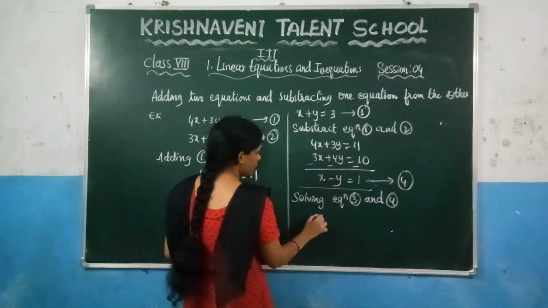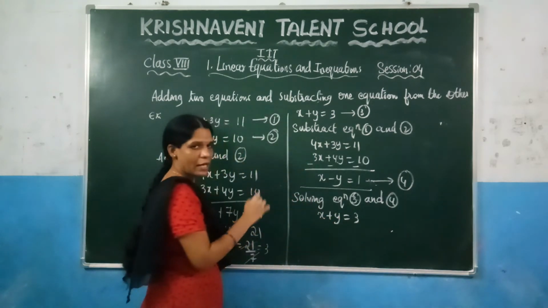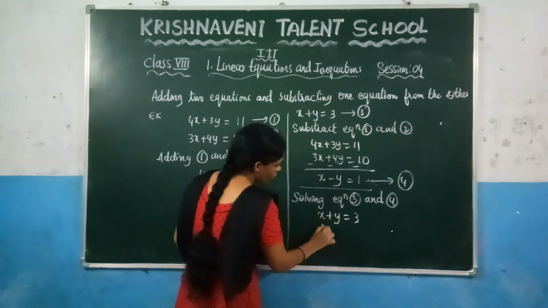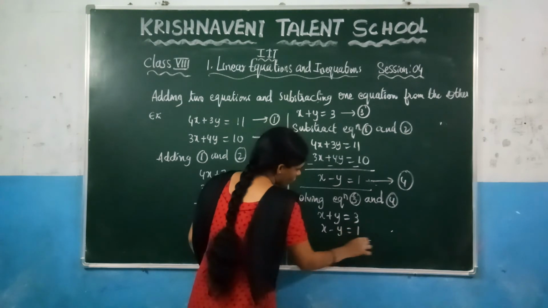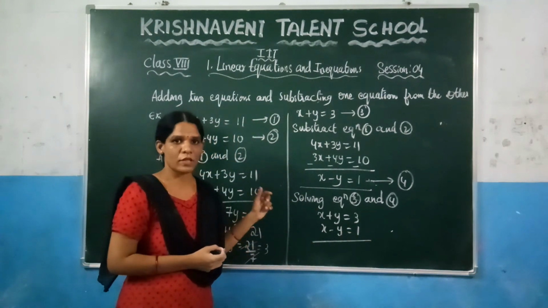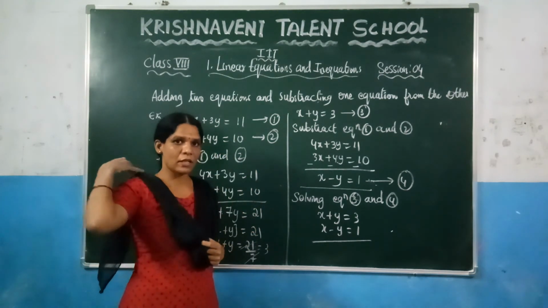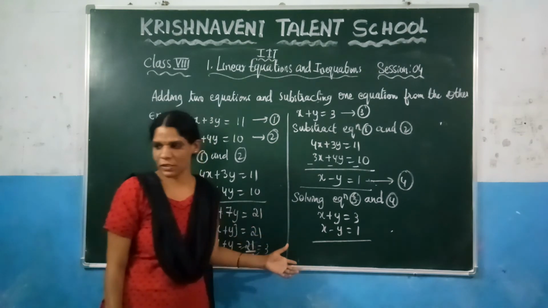What is equation 3? x plus y is equal to 3. This equation we got by adding, and here we got x minus y is equal to 1. Now at this point you can follow either of the first two methods, elimination by substitution or elimination by cancellation. You can use any of these methods here.